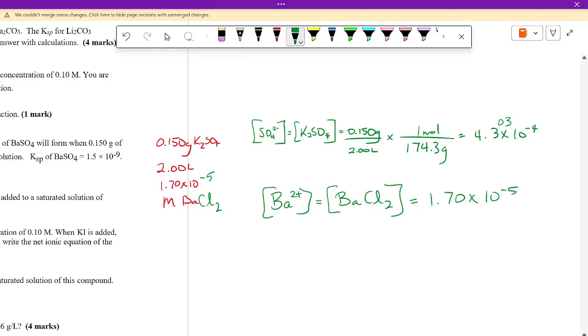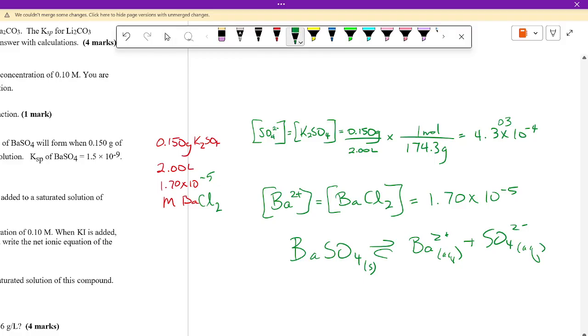And so we're going to say Q is equal to, well, because this is a written response question, you would of course want to have your solubility equilibrium equation, BaSO4 solid in equilibrium with Ba 2 plus aqueous and SO4 2 minus aqueous.